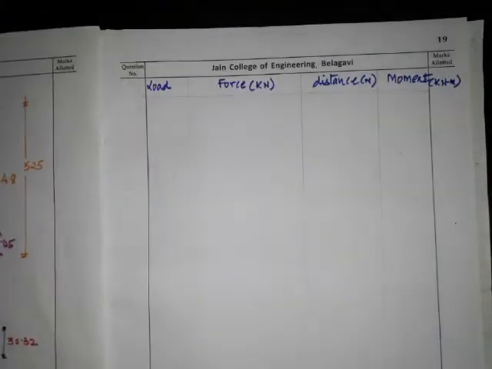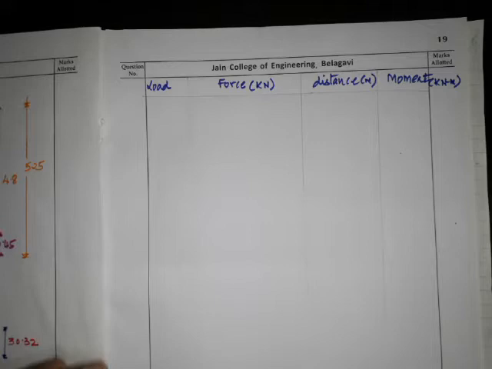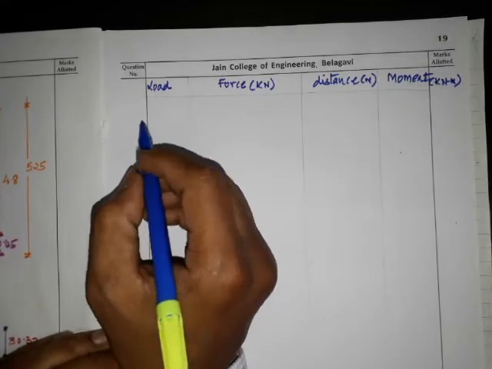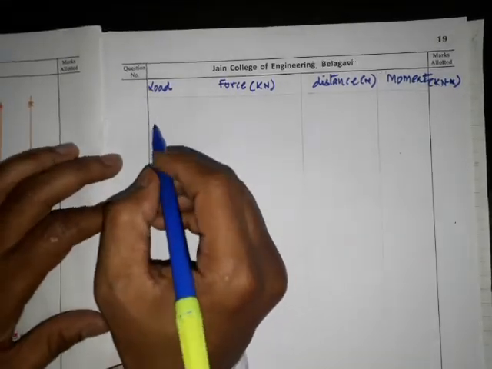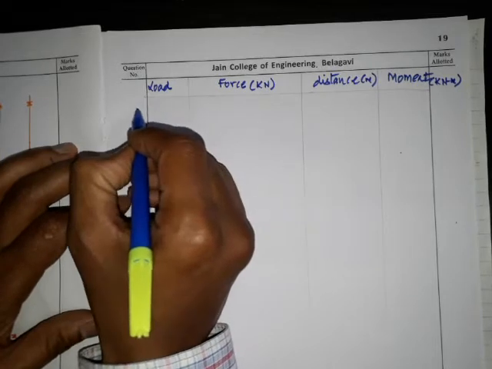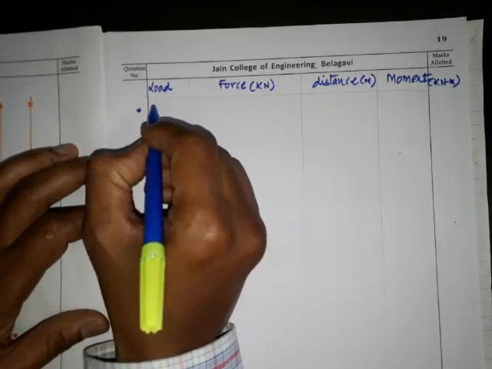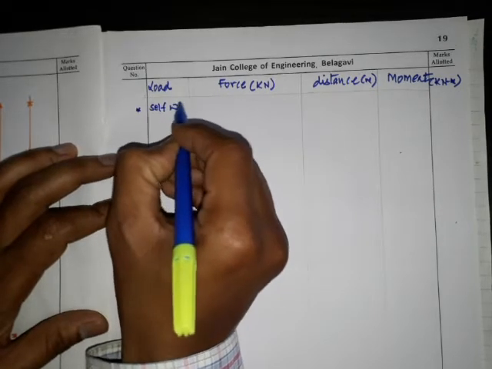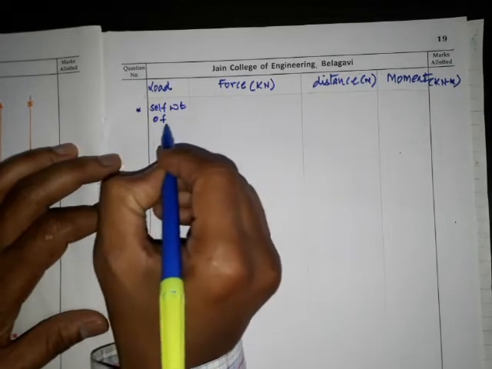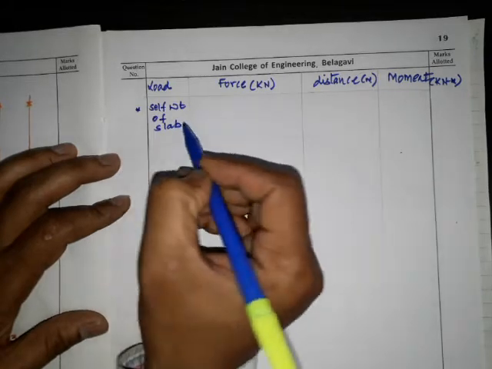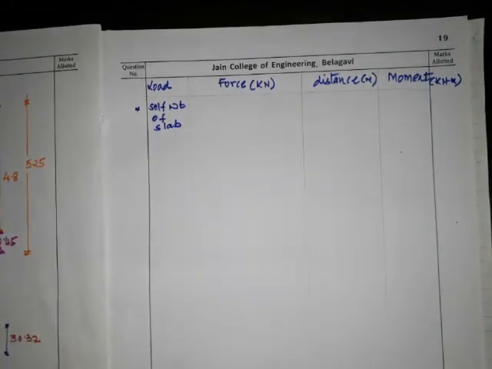So first is the self weight of toe slab.